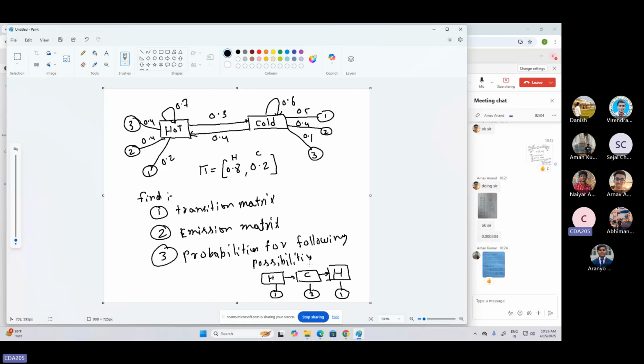Then again from hot to 1, so hot to 1 it is 0.2. 0.2 into initial pi hot, pi is equal to 0.8, into 0.3 into 0.4. Yes, it is 0.00348. Right answer.